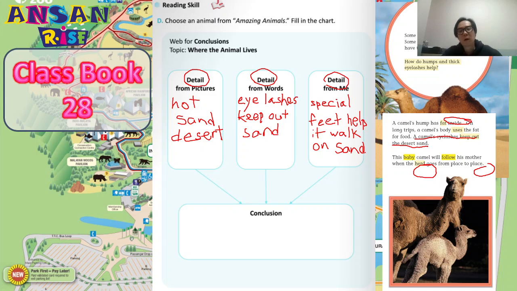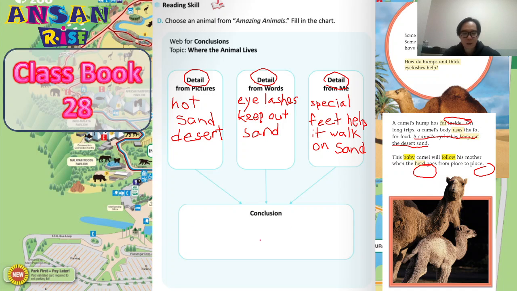So, from all of these things, what did we learn about the camel? We learned that the eyelashes keep out sand and that its special feet help it walk on the sand. And it needs it because it lives in the hot, sandy desert. So we know that who are we talking about?